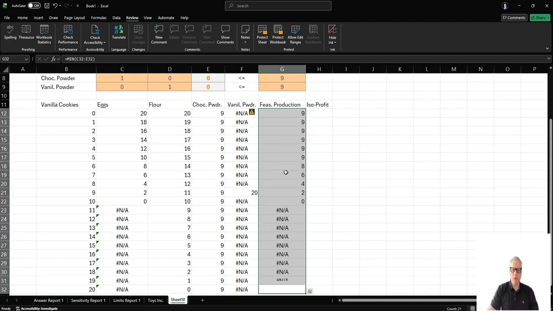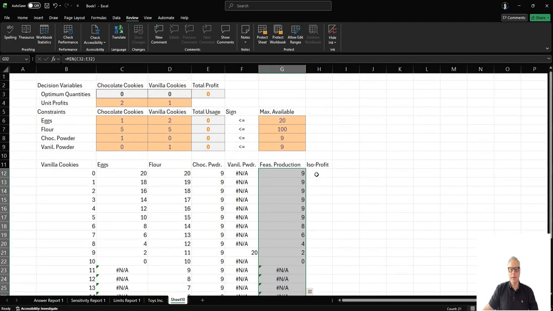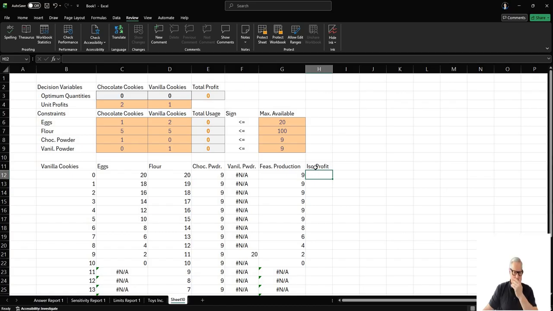Copy down the formula, and then the ISO profit line is again derived from the total profit, which is the unit profit of the chocolate cookie times the amount of chocolate plus the unit profit of vanilla times vanilla.